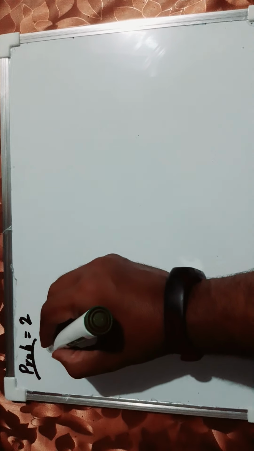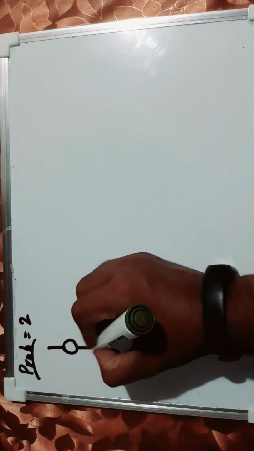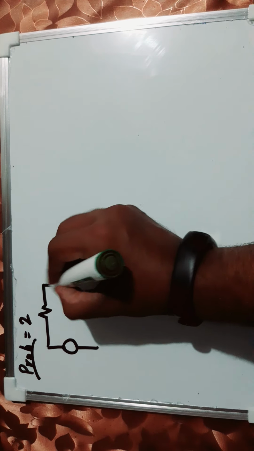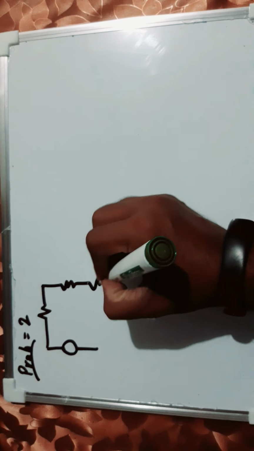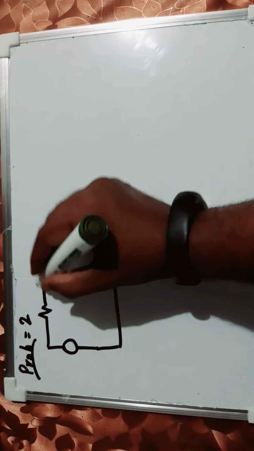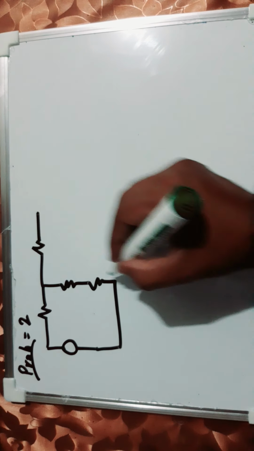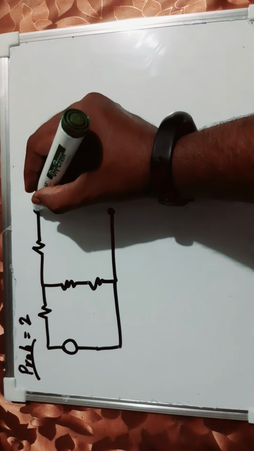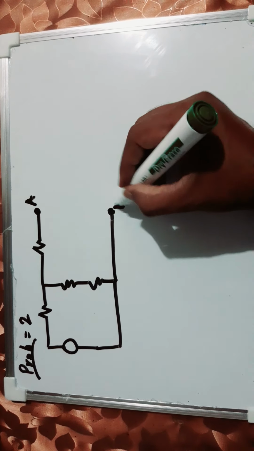So let's start our problem number 2. So we have to find the same Thevenin theorem. This is our voltage source. We have one resistance, second resistance, third resistance, fourth resistance, and this is our open circuit.